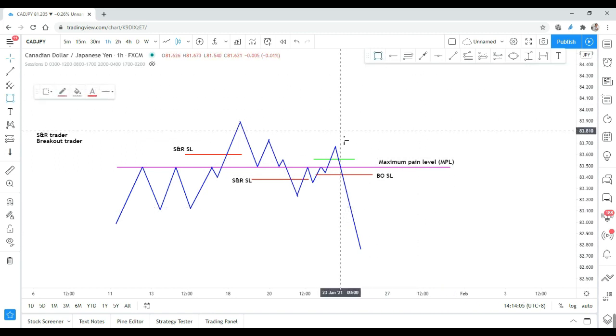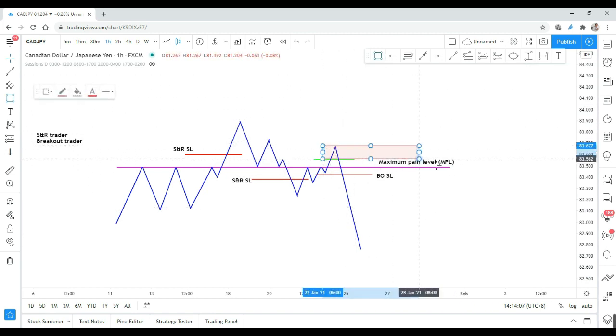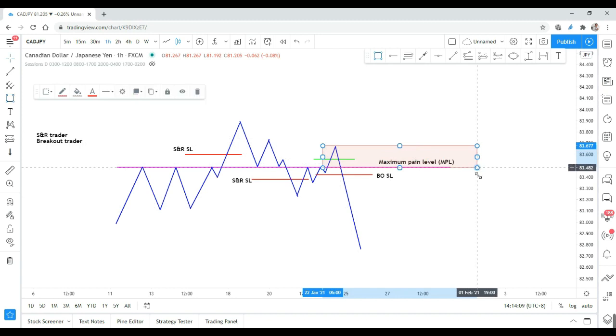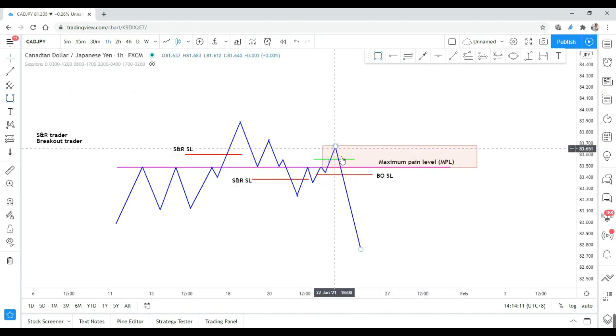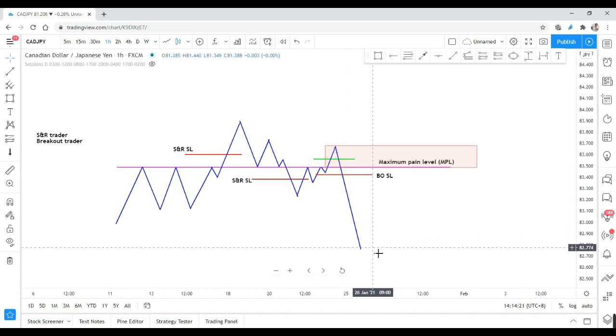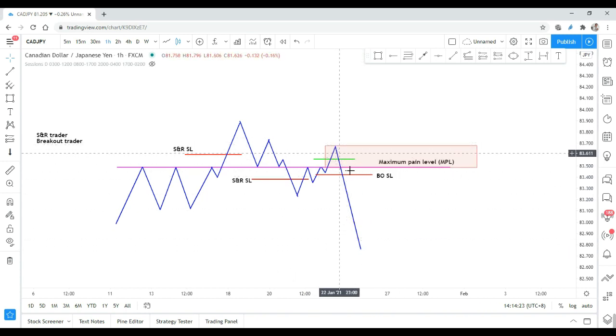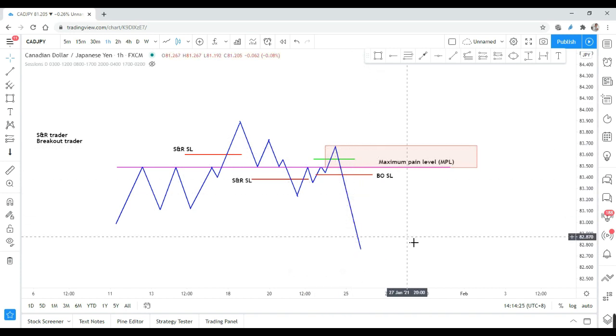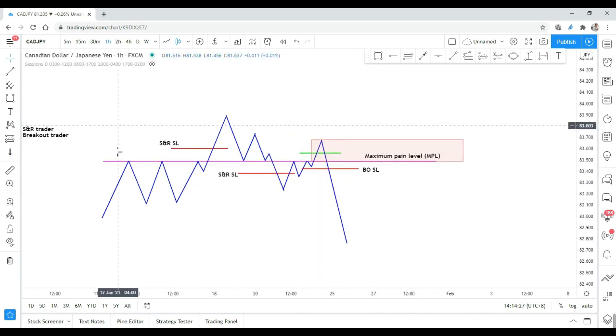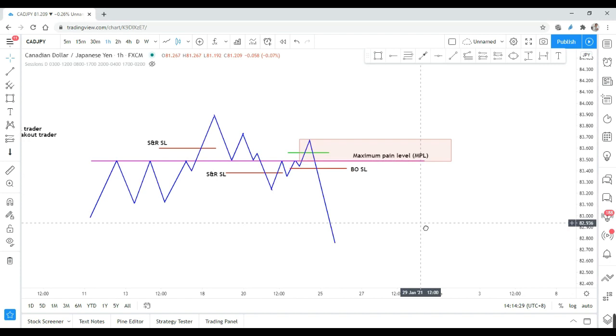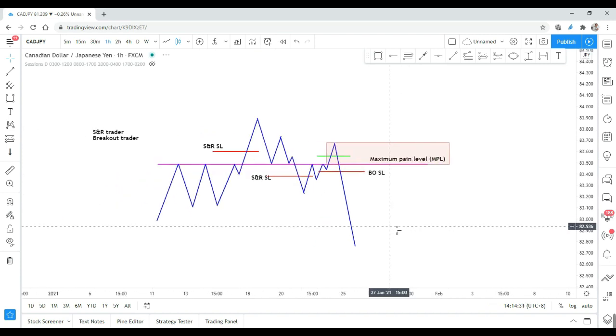And this area is the decision point. This is the first area where the big trader, the institutional trader, places their order to press the movement downwards. So this is an example of a maximum pain level.